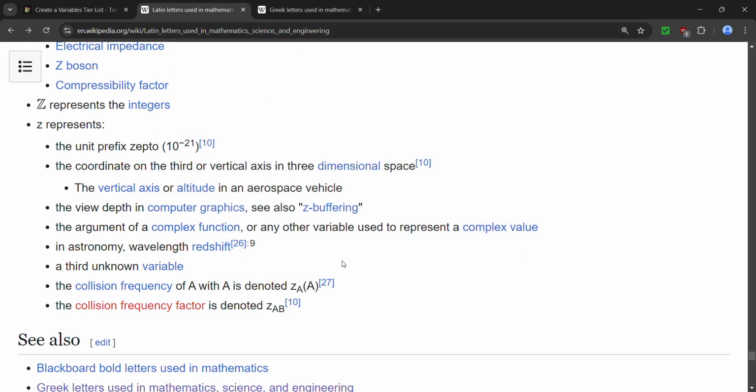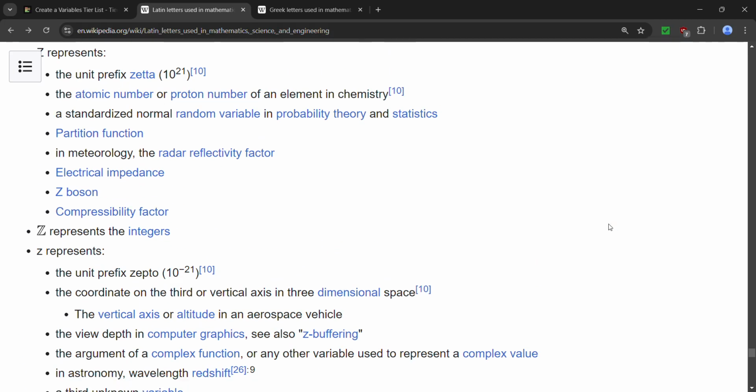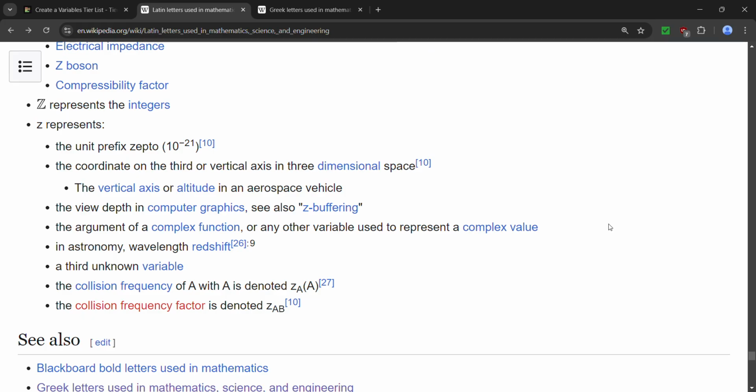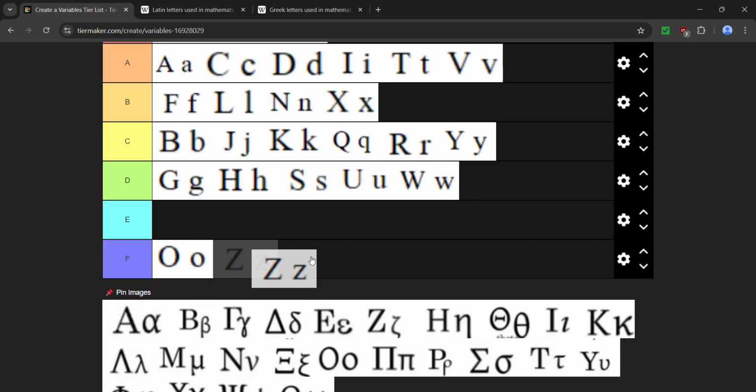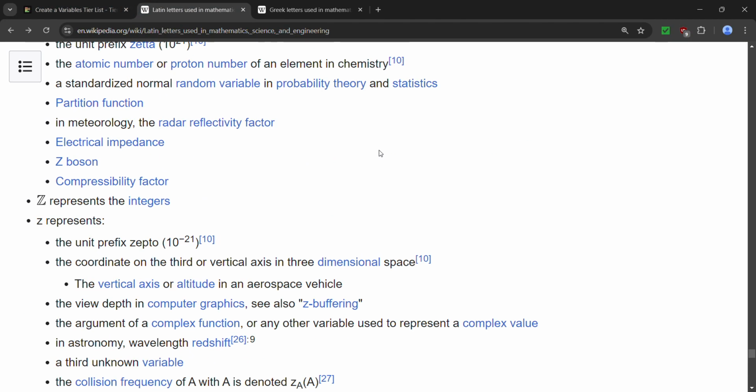But I guess I haven't done a whole ton with redshifts, so I wouldn't know. And the collision frequency, these aren't great. These are not great. Besides the atomic number and the z-axis, this is just going to be D tier. Sorry. I mean, it's kind of the trend, x, y, and z, right? Each one's a little bit worse than the last. Oh, yeah, I forgot that's the end of the alphabet.